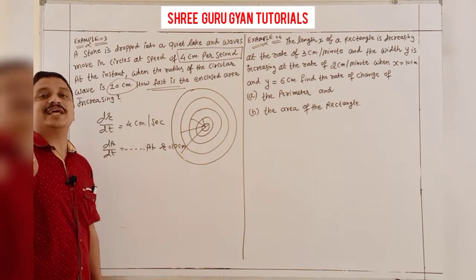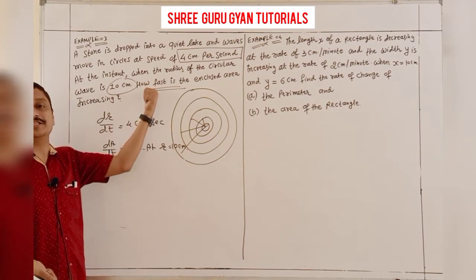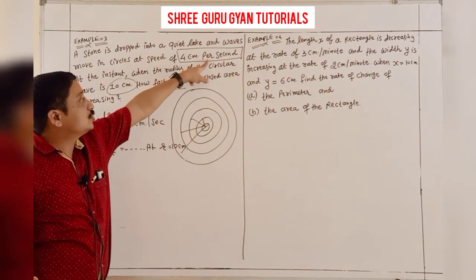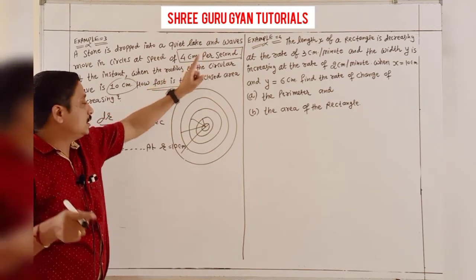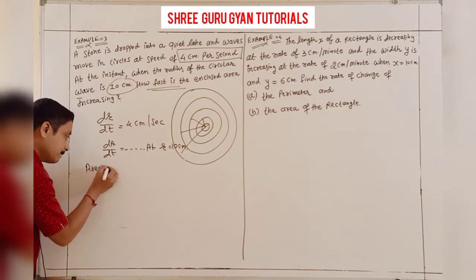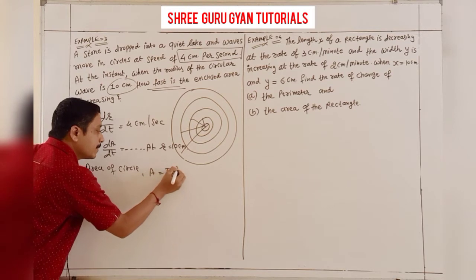Yes, at 10 cm. We are asked how fast the enclosed area changes, because the area is changing as the radius is changing with respect to time. So the area of a circle is, very easy, pi r square.